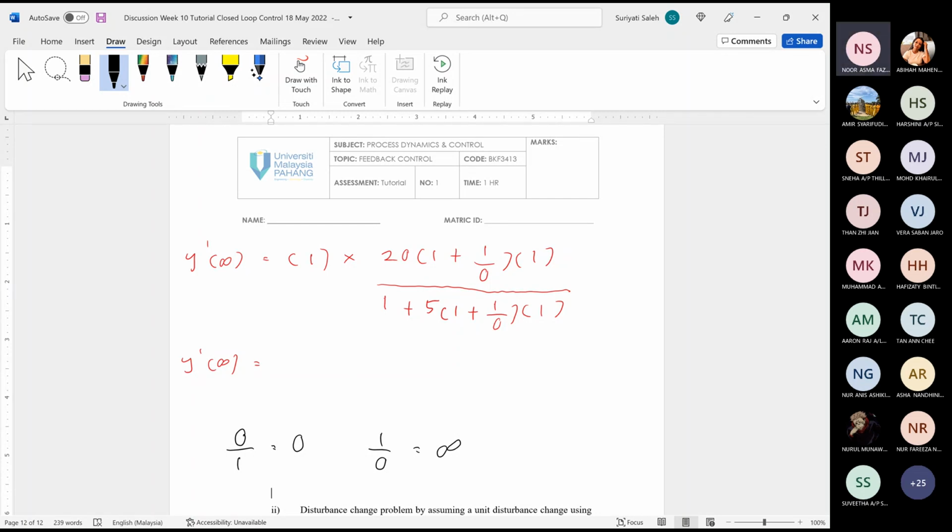Why does it become infinity? Let's say we take a look at the alphabet A to Z. The initial alphabet is A and the final alphabet is Z. That is the clear understanding.